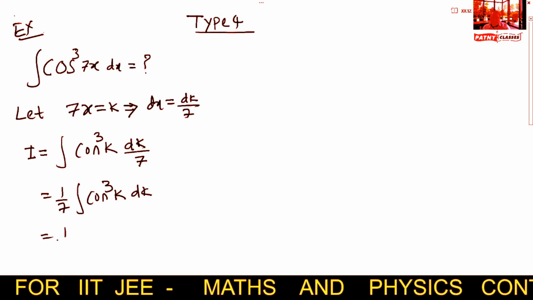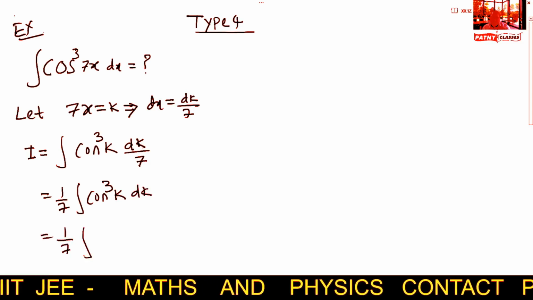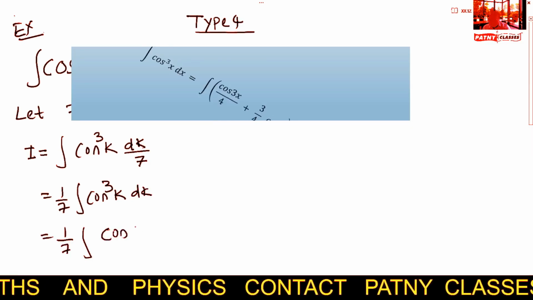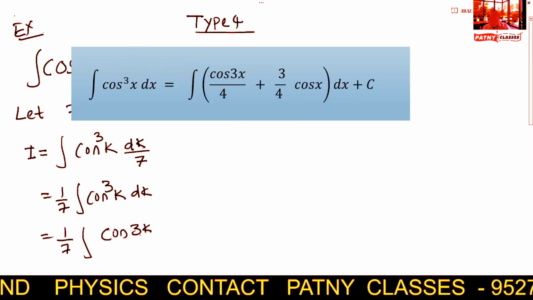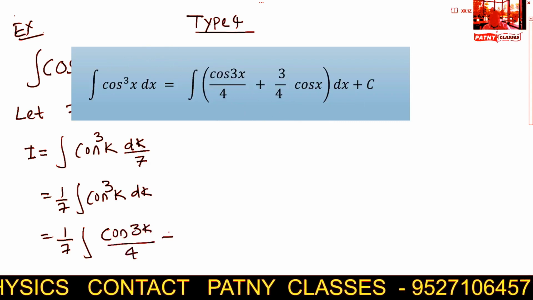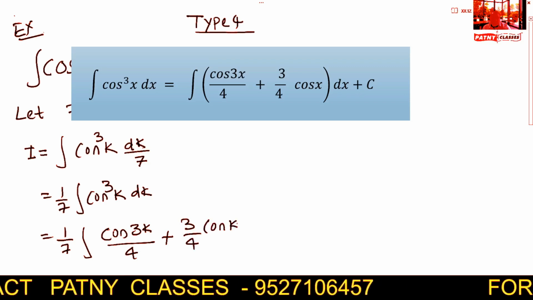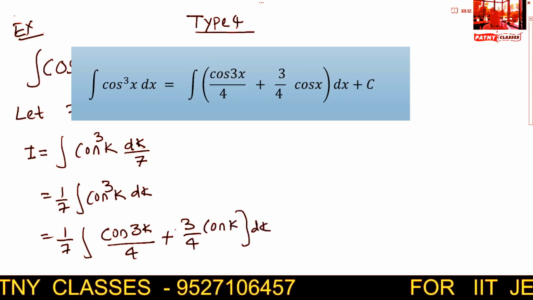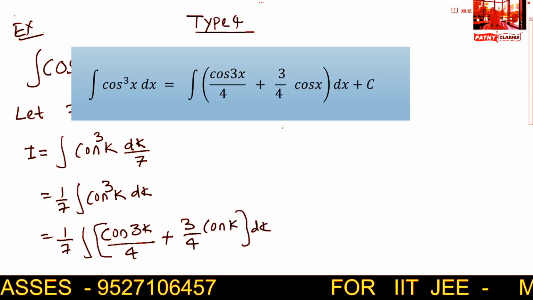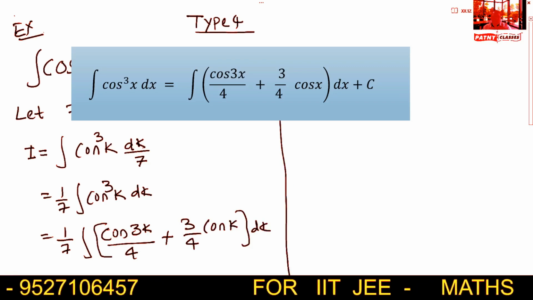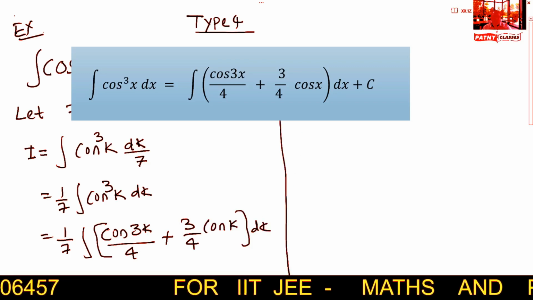Now using the trigonometric relationship, cos cube k can be written as cos 3k upon 4 plus 3 by 4 cos k with respect to k, 1 upon 7.